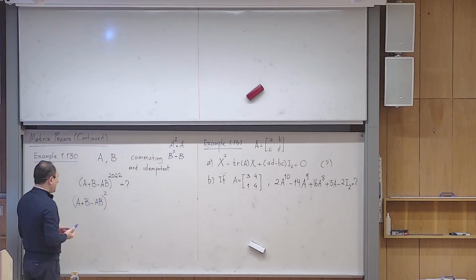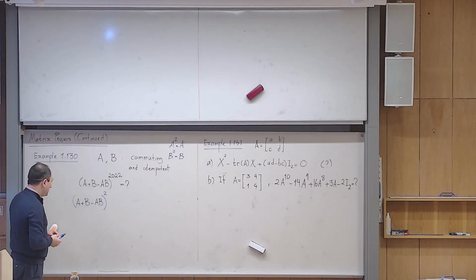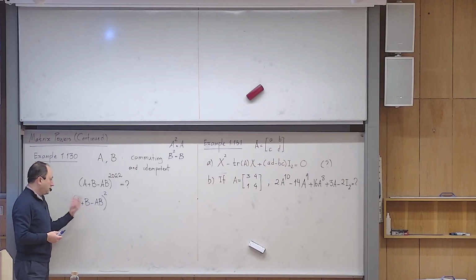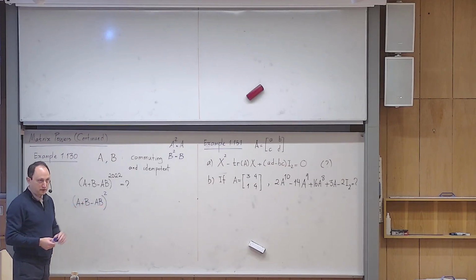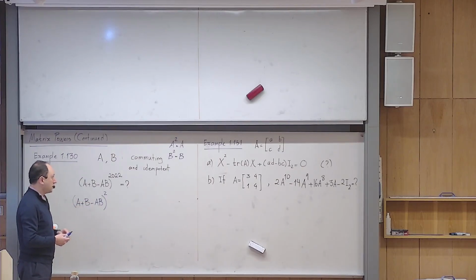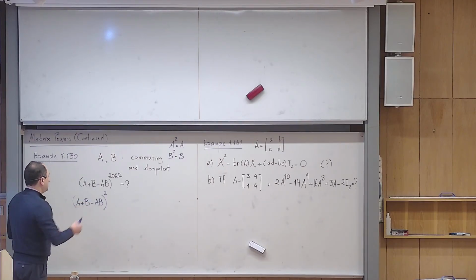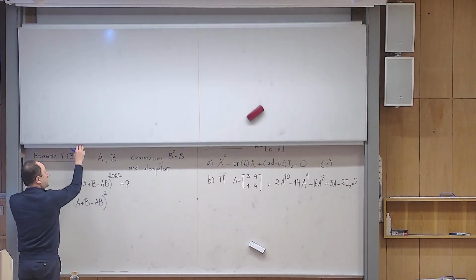Okay, but how do I calculate the second power? If you have some identities in mind, you can use those identities, or you can just simply expand it. But let me try to use the identities. I want you to be able to do this efficiently.